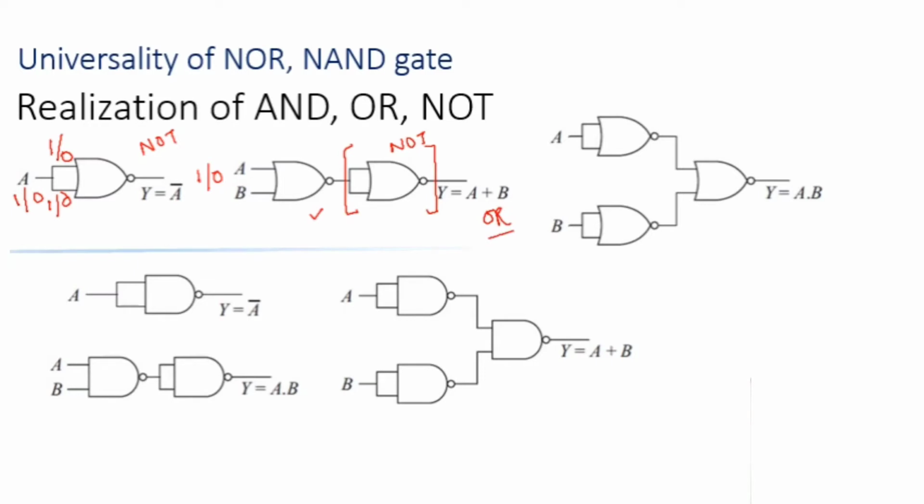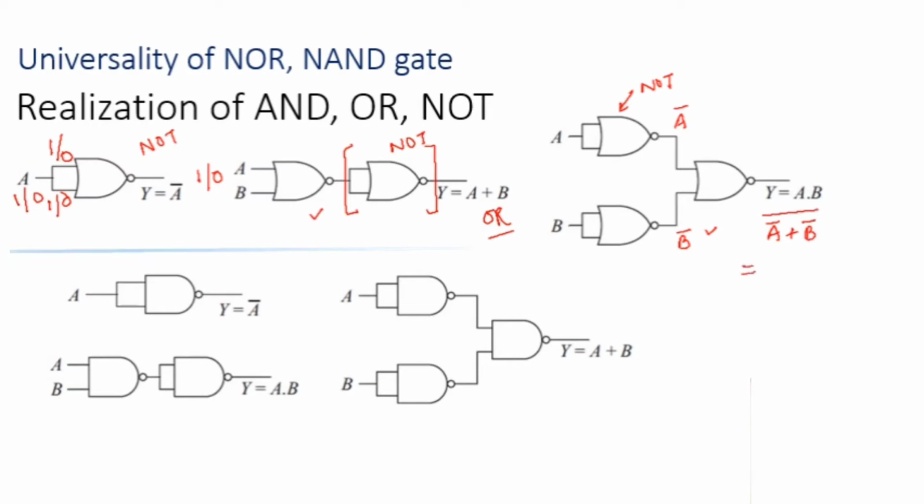Now coming to this, what is this? This is an AND gate. Here we can see this will be giving me A bar because this is NOR in the form of NOT. So I will be getting here A bar, and here I will be getting B bar, and this NOR gate will add both the inputs A bar and B bar and further an additional bar.